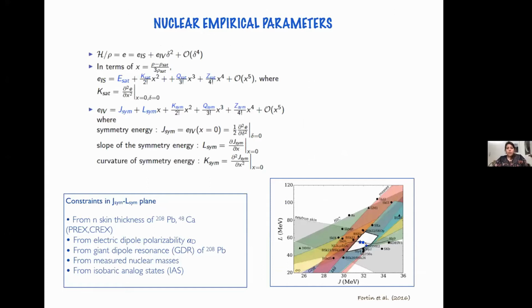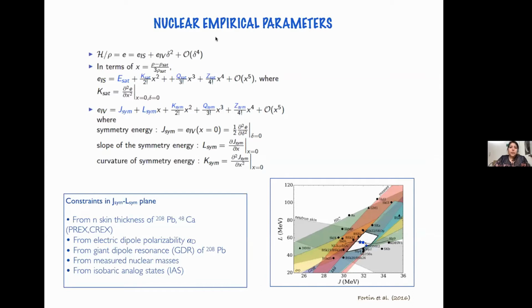Now, let me describe to you what the problem is here. When we are extrapolating with asymmetry and with density, here we have the energy per particle divided into the isoscalar and isovector channels, which means the first part is irrespective of neutron-proton asymmetry, and the second part takes into account this asymmetry.